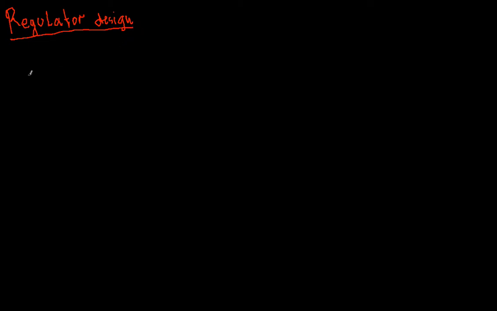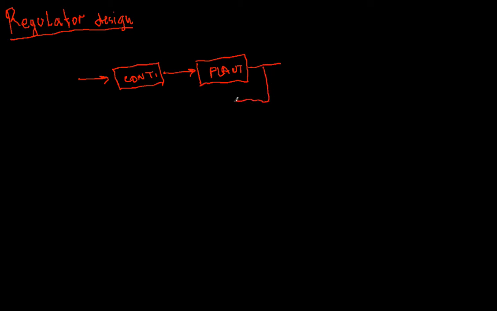In other words, we are looking at how to design the regulator or controller such that the given plant in the feedback structure, given as follows, is stable. This is the classical feedback structure.